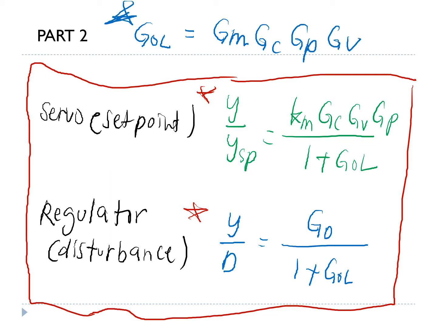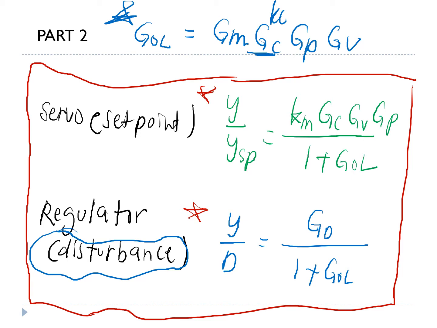Last week we looked at the addition of a proportional only controller, where GC equals KC, and we saw the response for set point change. But today we're going to look at the disturbance change. If you have a disturbance change and you are using a proportional only controller, what happens to the response and to the final value of the response?